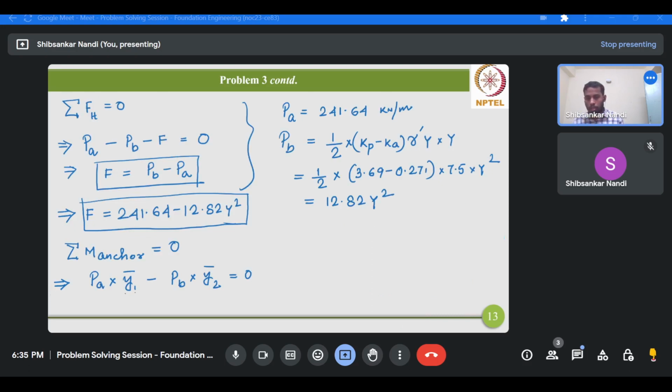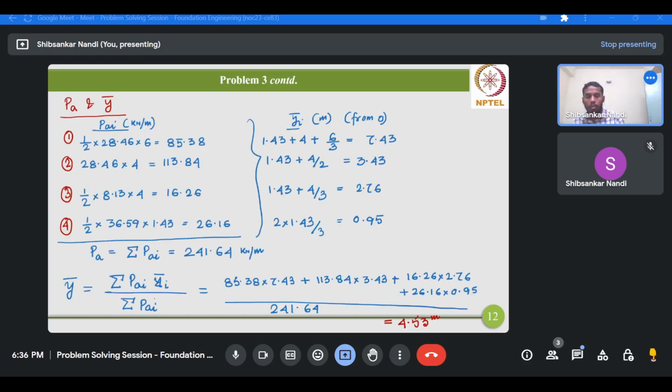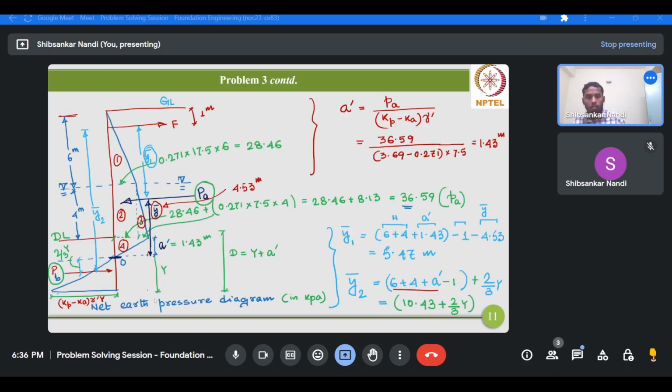Now this PA value is 241.64, and y1 bar we have calculated as 6 plus 4 plus 1.43 minus 1 minus 4.53, so 5.9.